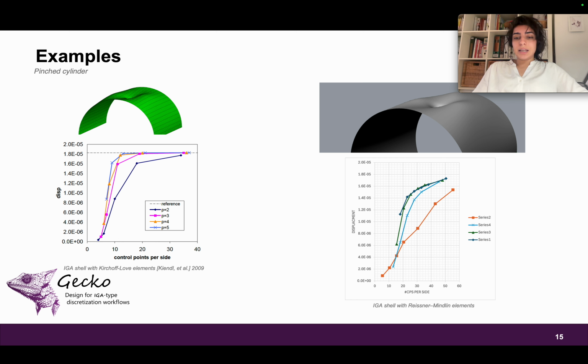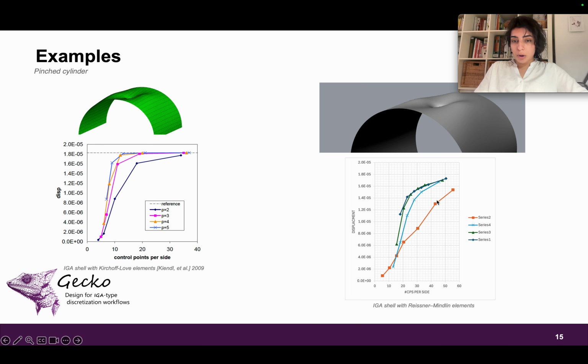If we look at the same range, when we're at 40 control points in the Reissner-Mindlin shell, we see that there's a little bit of a decrease, and we are obtaining values around 1.6. So we might be suffering from locking because we do have shear deformation in the formulation.